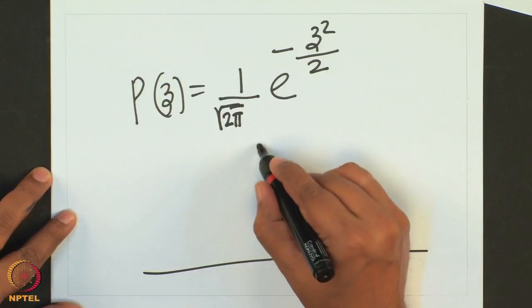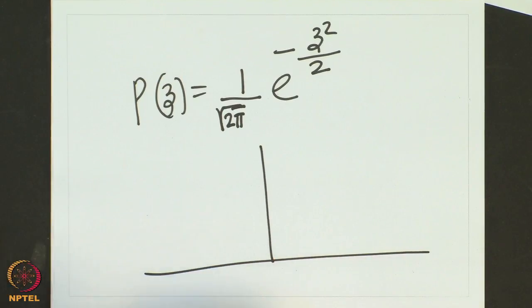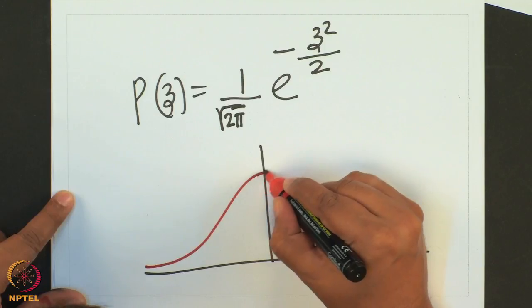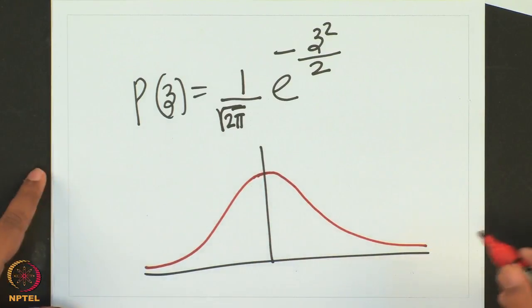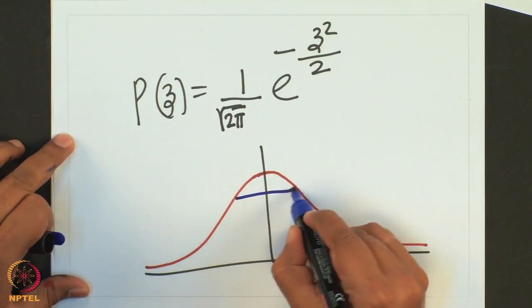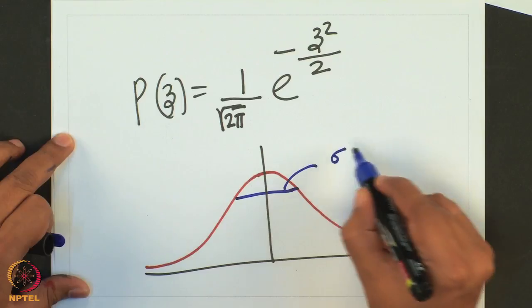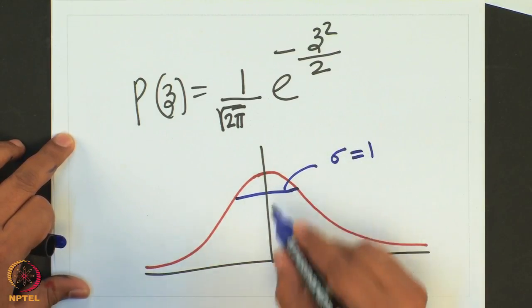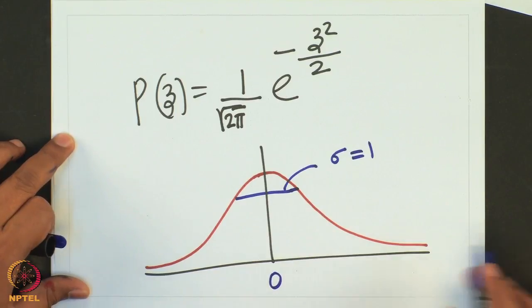That means the distribution would look like a normal distribution with standard deviation equal to 1. It has a width, a sigma, which is 1, and the mean is 0.